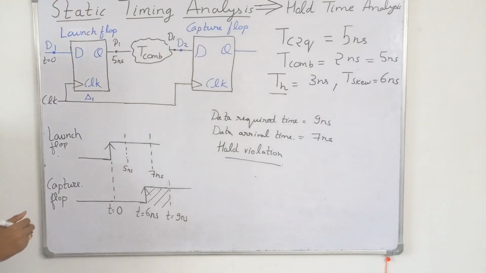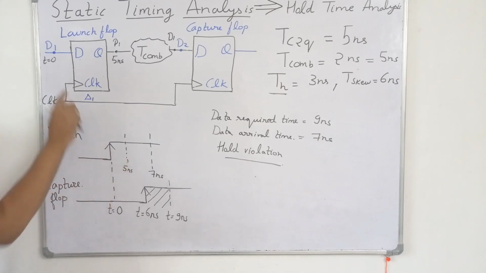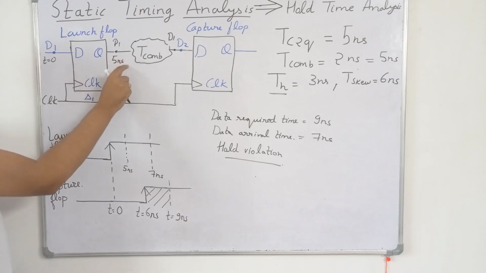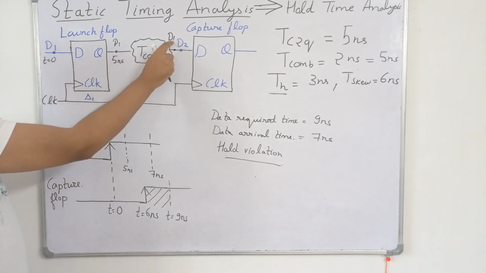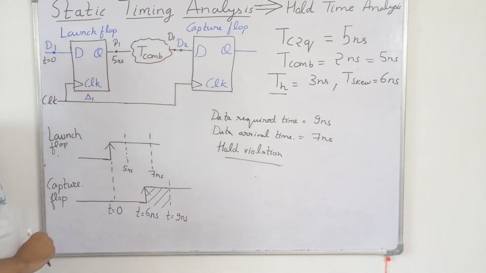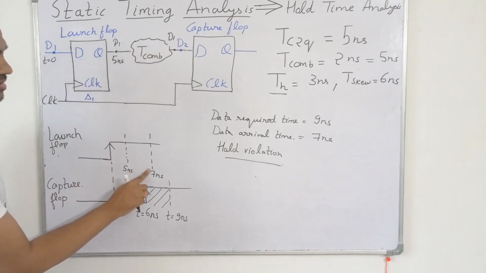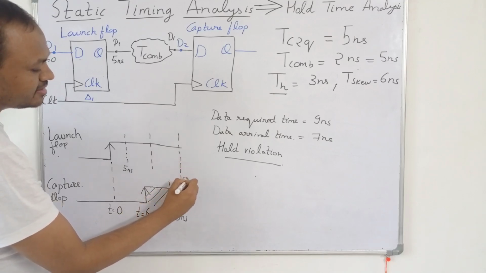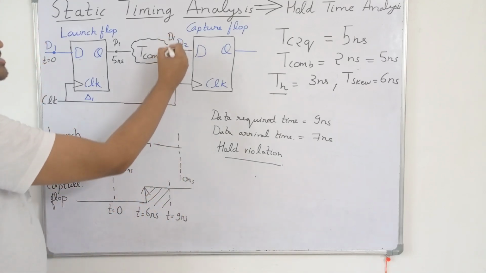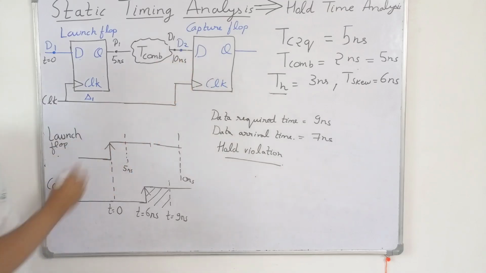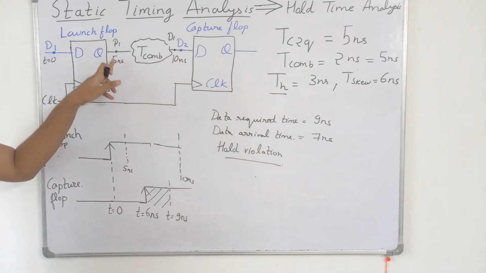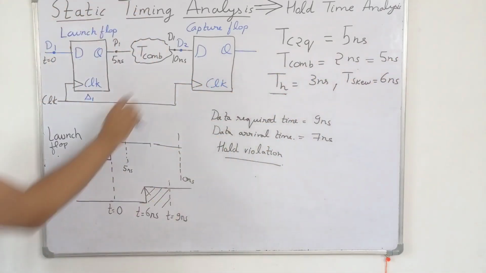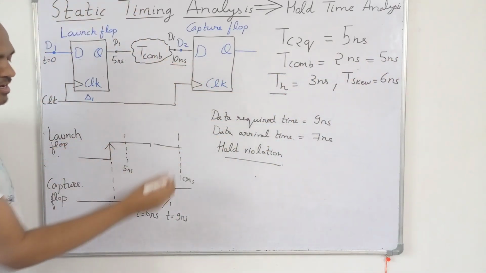The clock to Q delay does not change, so the data arrives here at 5 nanoseconds. But t_comb is now 5 nanoseconds, so D1 will take 5 nanoseconds more and arrive here at 10 nanoseconds.